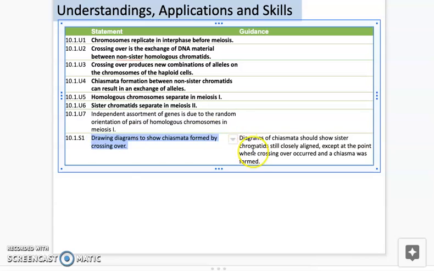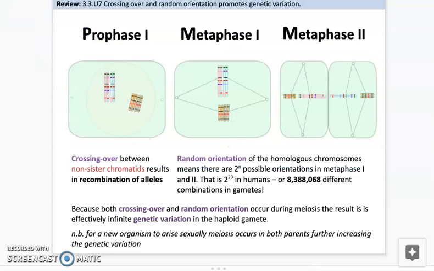We can do that as well. And let's take a look at the guidance statement because sometimes that can be useful and give you some clues as to how you should be studying this. Diagrams of chiasmata should show sister chromatids still closely aligned except at the point where crossing over occurred and a chiasmata was formed. Okay, so let's finish off these last few slides.